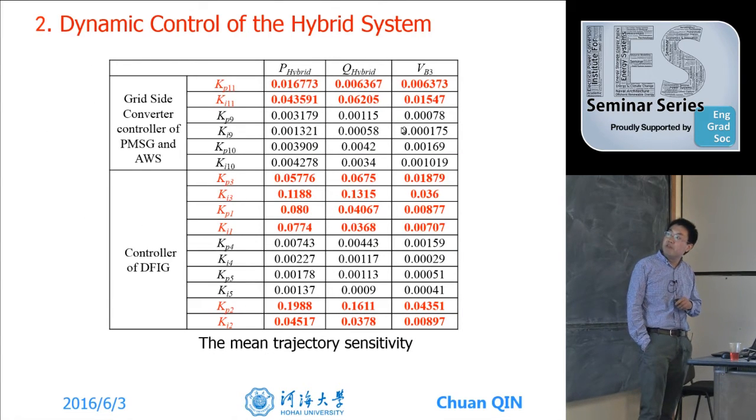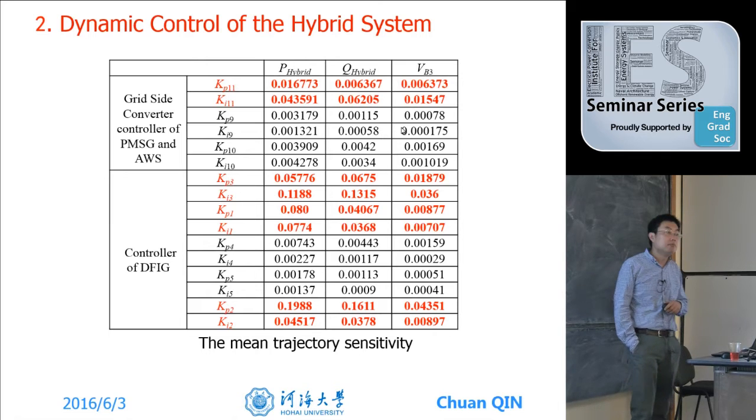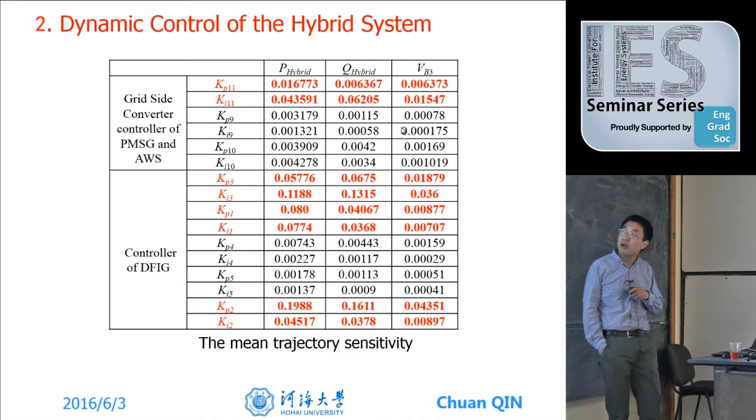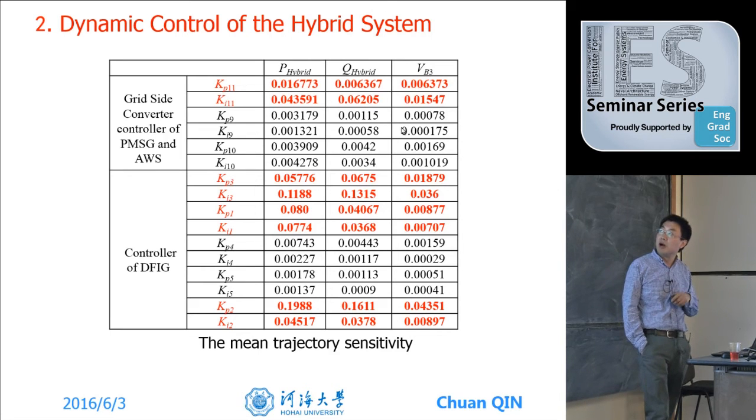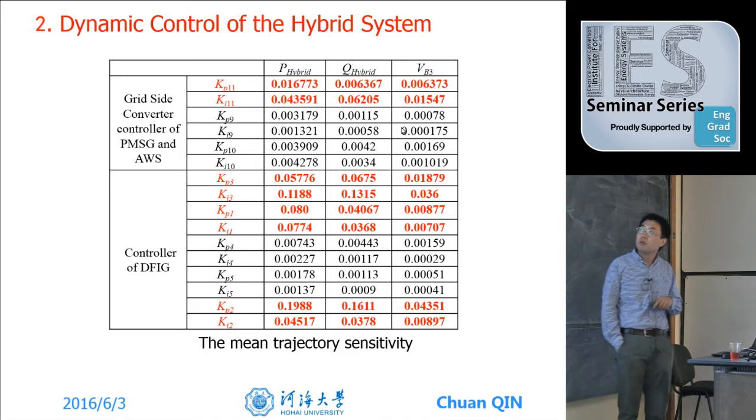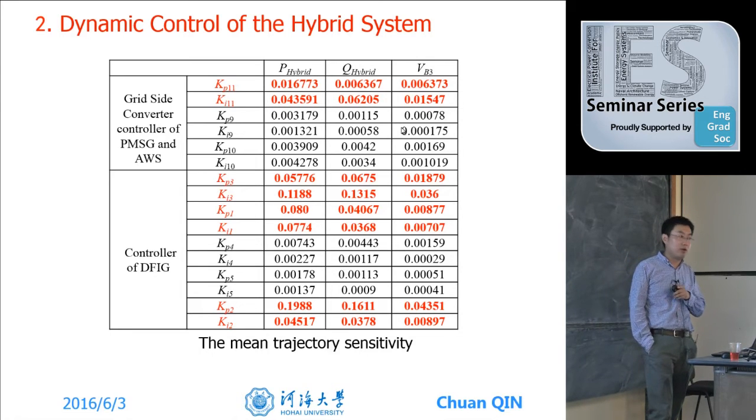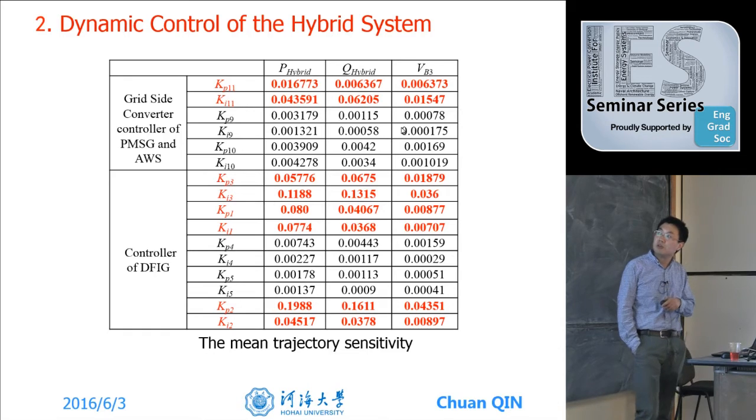And these are the mean values of the sensitivity. There are 3 lists, and the first is the sensitivity with respect to the active power of the hybrid system. The second is the sensitivity with respect to the reactive power of the hybrid system, and the third is the sensitivity with respect to the bus voltage.